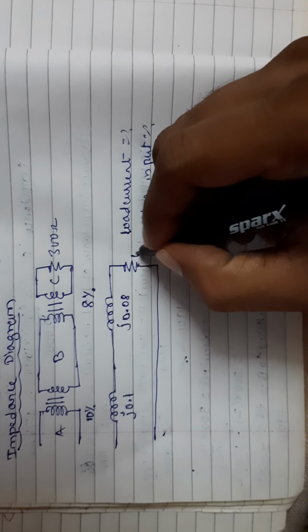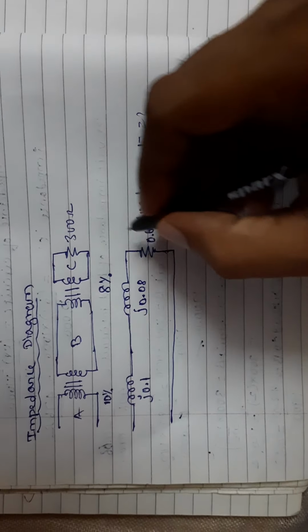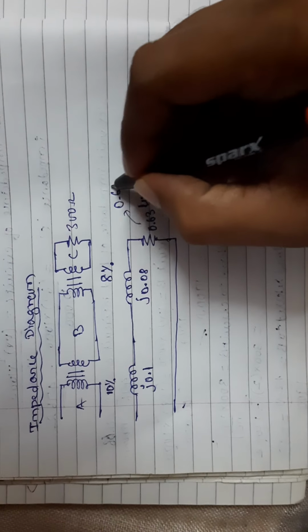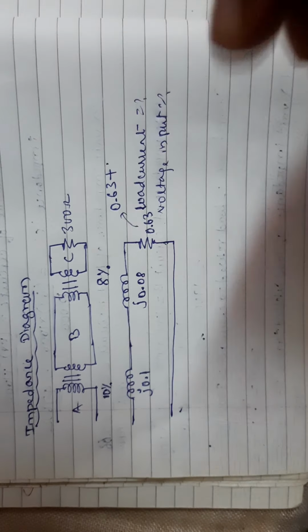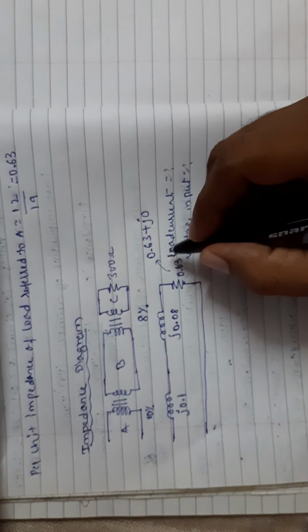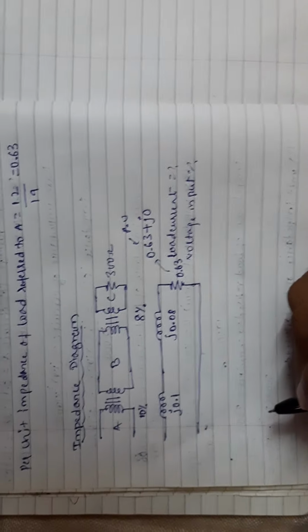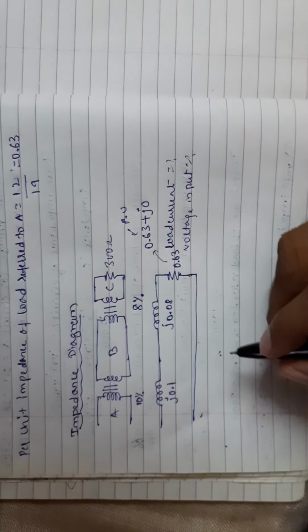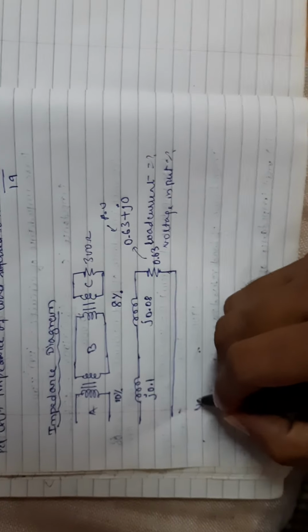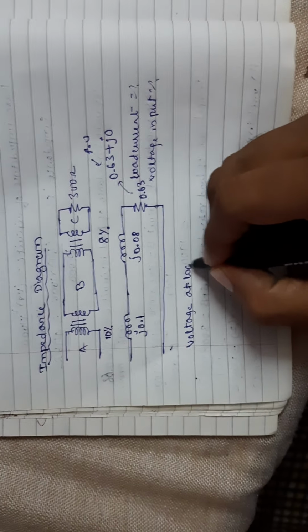In this one we got the per unit resistance as 0.63. We will represent this as 0.63 plus J0, per unit, PU. So we will calculate the voltage at load.